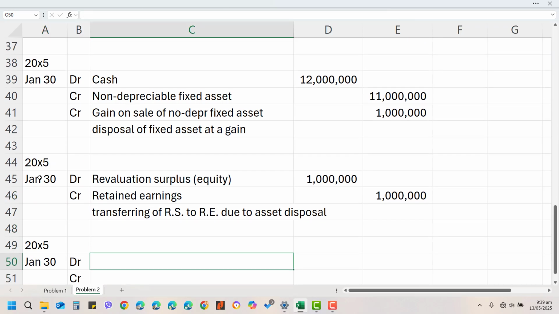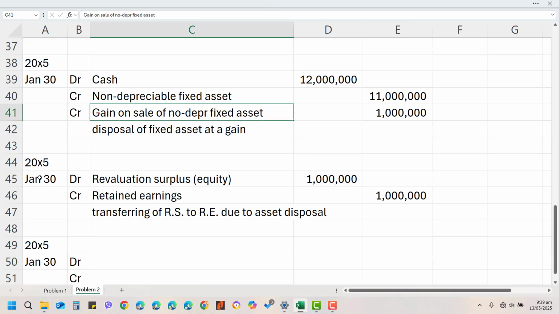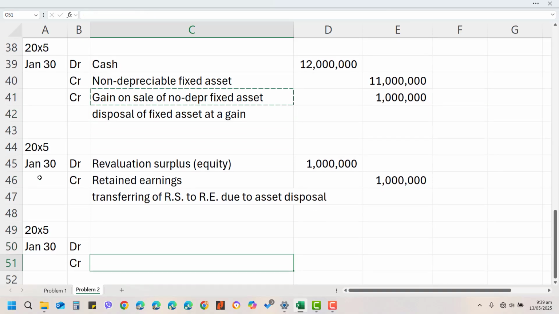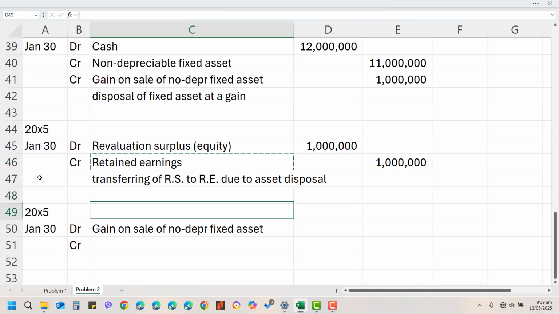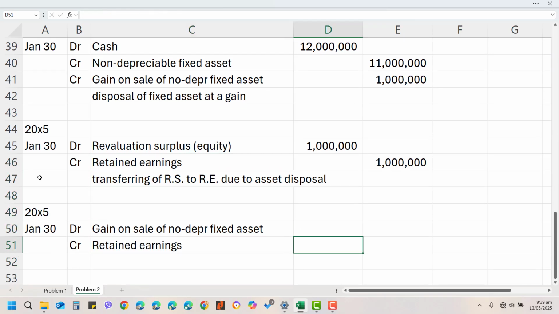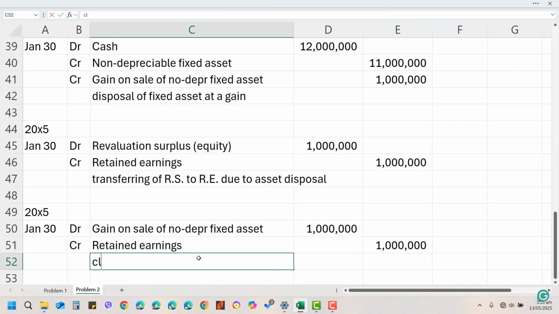All right. So you need to close this gain on revaluation to retained earnings, and the closing of gain on disposal to retained earnings.